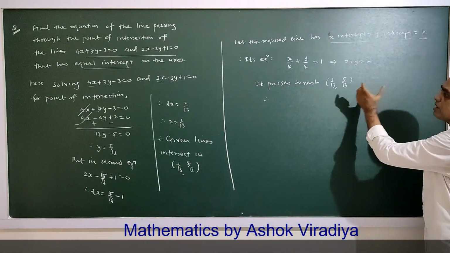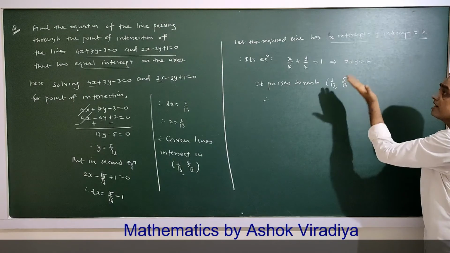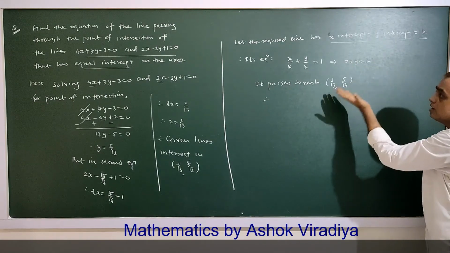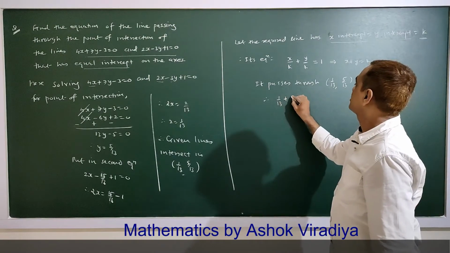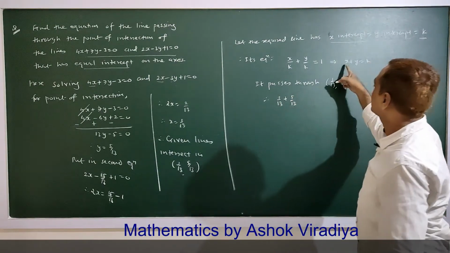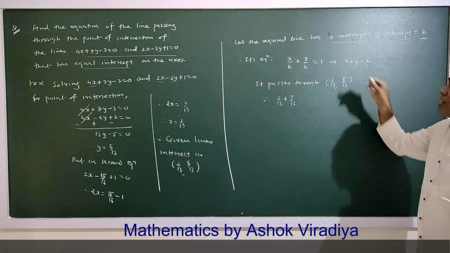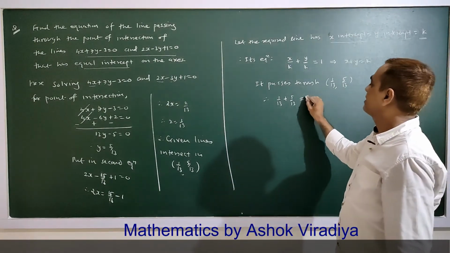Because line is passing through this point, coordinates of this point will satisfy this equation. So we are allowed to put in this equation. So 1 by 13 plus 5 by 13, x keep 1 by 13, y keep 5 by 13 equal to k.